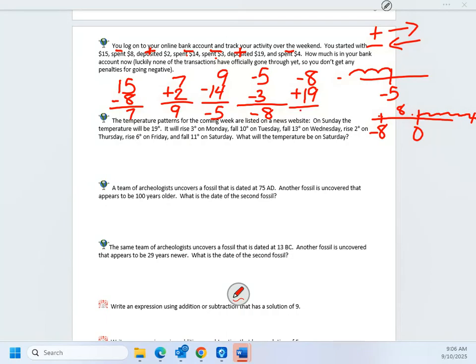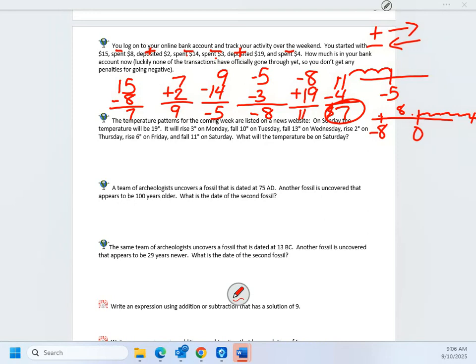A positive 11. So then I'm at that positive 11, and I spend 4. Back to the easier math. What's 11 minus 4? 7. So I am left with $7 in my bank account.